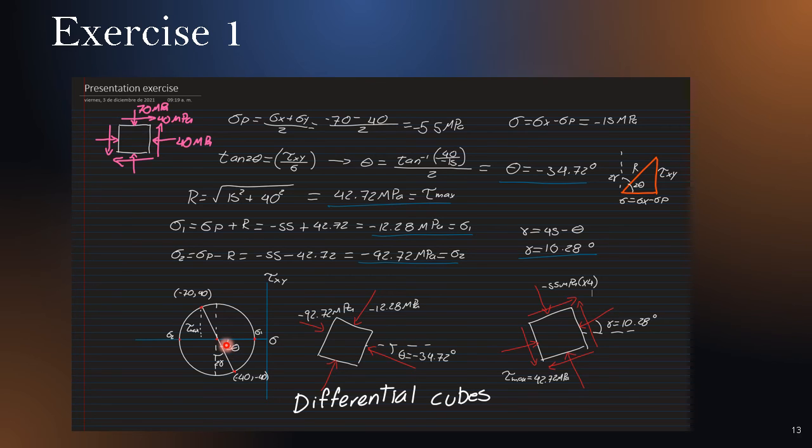It's the normal theta, not multiplied by 2. And then both of these stresses are the main ones, the minus 12 and the minus 92. And the other one is the maximum shear stress. Its angle is gamma. Here we have 10.28 degrees. And it has the maximum shear stress and the average normal stress.